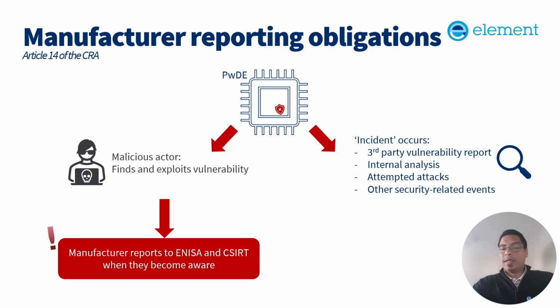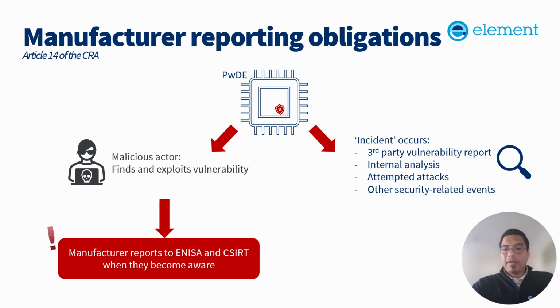It could be through the detection of attempted attacks, or maybe some other security related event, such as, I don't know, a misconfiguration event has taken place that, upon investigation, reveals that it had security implications. In any case, whatever the nature, an incident has occurred related to this vulnerability, becoming known to the manufacturer.